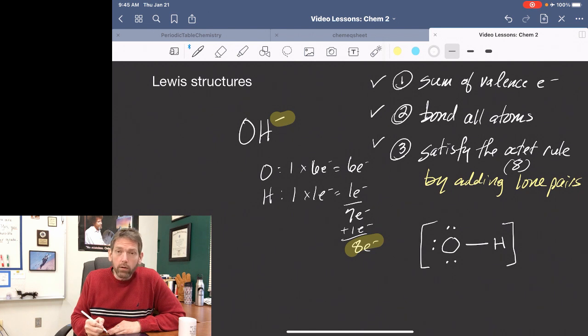So when we have our ions, we always tend to show a bracket to show where the charge is occurring. So right now, we realize, okay, there is an extra electron charge on this. We don't call it a molecule, we call it a polyatomic ion because it's a molecule with a charge.